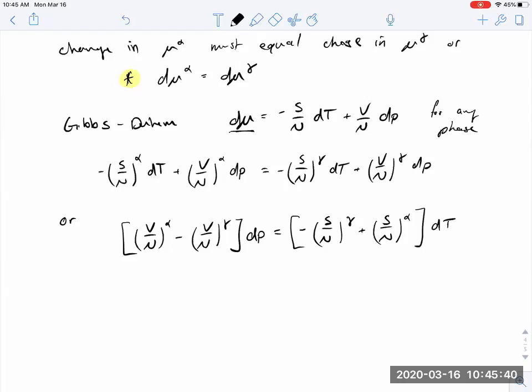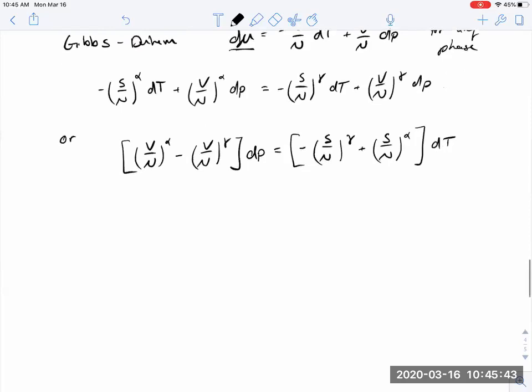Or finding the slope of that line, I find dP dT, the slope of the coexistence curve, is equal to the change in the entropy per particle of gamma less that of alpha, divided by the change in the volume per particle of, again, gamma minus alpha.